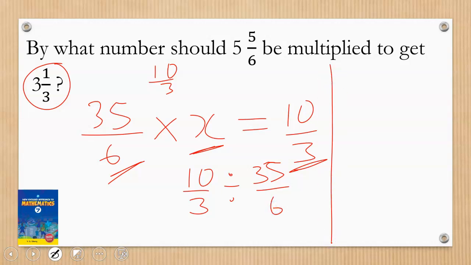That is what we want to do. So we have 10 over 3 times 6 over 35.